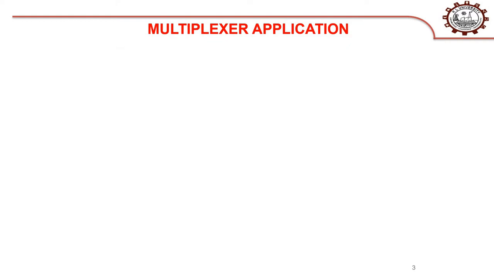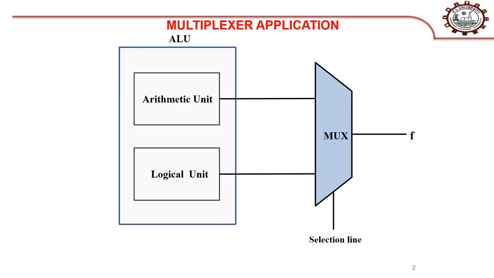If you take an arithmetic logic unit in the CPU, it consists of two parts, the arithmetic unit and the logic unit. Suppose a particular operation is given to the CPU, for example an arithmetic operation. A multiplexer kind of device will select that particular operation.